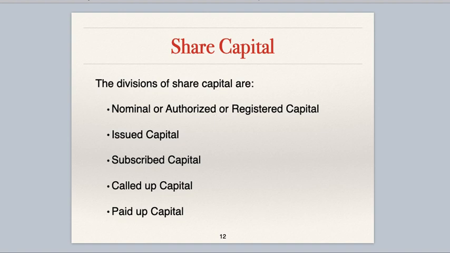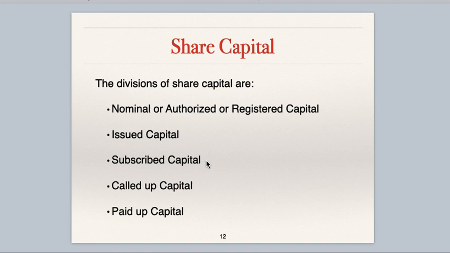Next is subscribed capital. Supposing the company asks people to subscribe for its shares, it is not necessary that the company will receive the same number of applications. The number of applications received will be more or less than what the company has asked for.